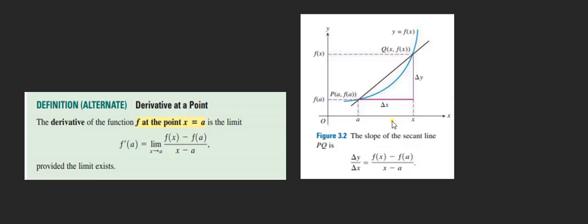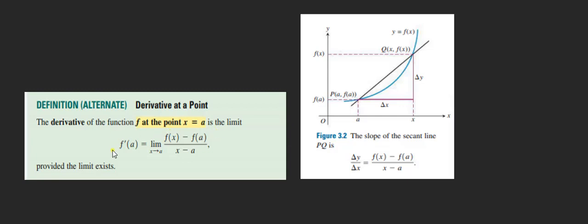As x gets closer to a, this point will get closer to this point. Eventually, these 2 points will be so close that it looks like a single point. Therefore, that way we could find the slope of a tangent line at a, f of a.